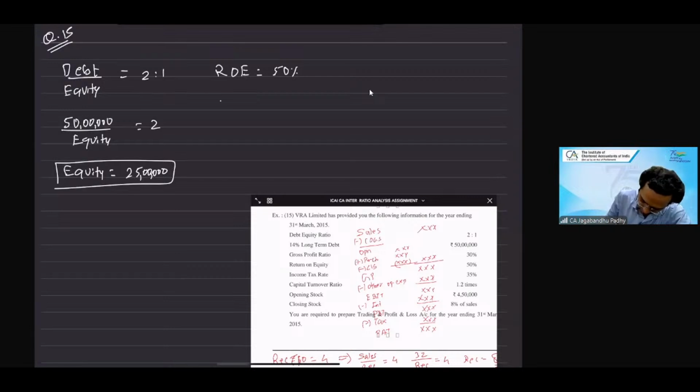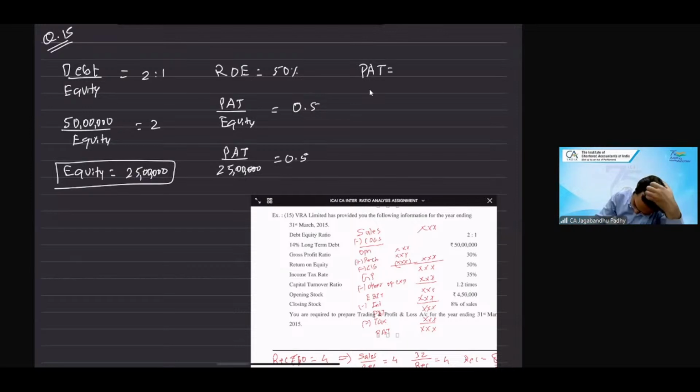Return on equity is computed as profit after tax upon the equity component, which is 0.5. So PAT upon equity of 25 lakh is 0.5, and therefore profit after tax will be 12 lakh 50,000. So you got a PAT of 12 lakh 50,000, right?